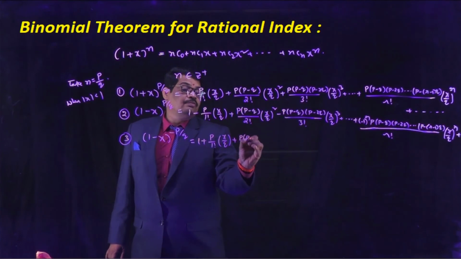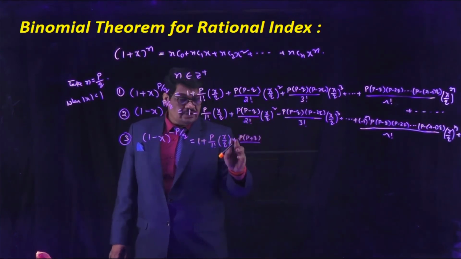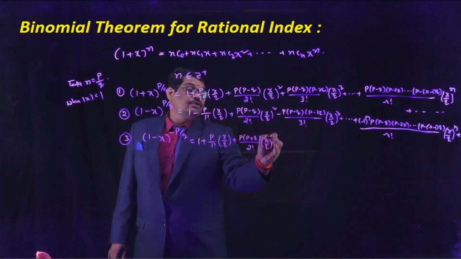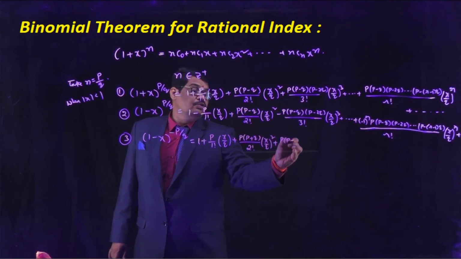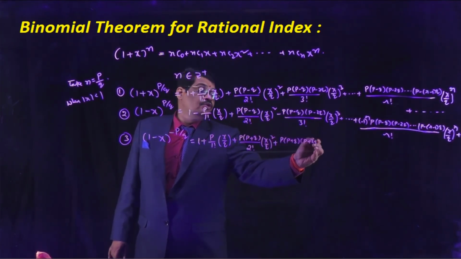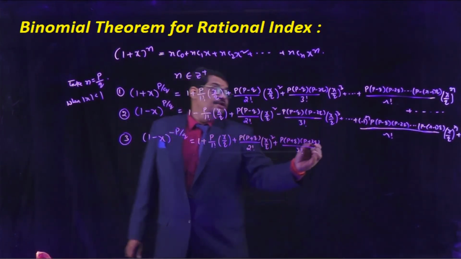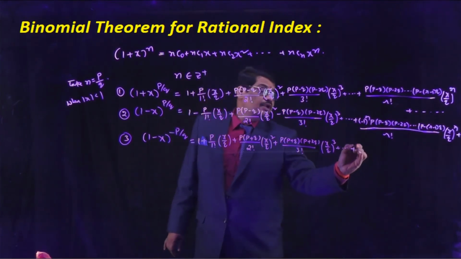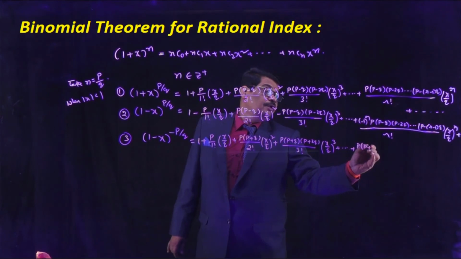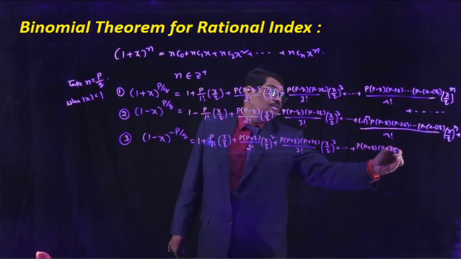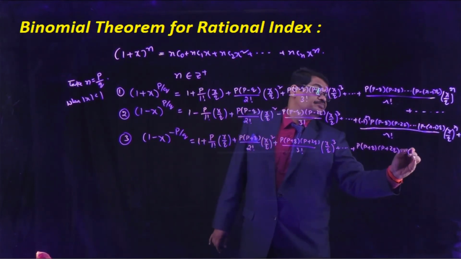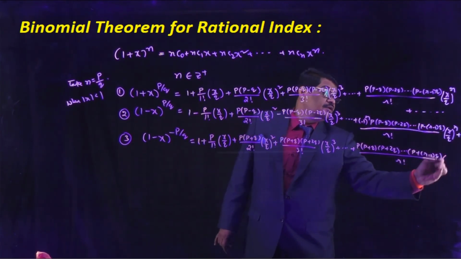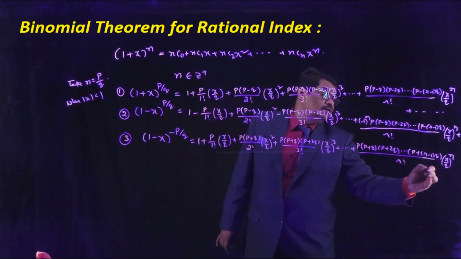Here p(p+q), the terms are increasing, p plus q, p plus 2q, like that, by 2 factorial into (x/q)^2. Here plus p(p+q)(p+2q) by 3 factorial into (x/q)^3, and so on, and we get the general term p(p+q)(p+2q) and so on up to (p+(r−1)q) by r factorial into (x/q)^r, and so on.